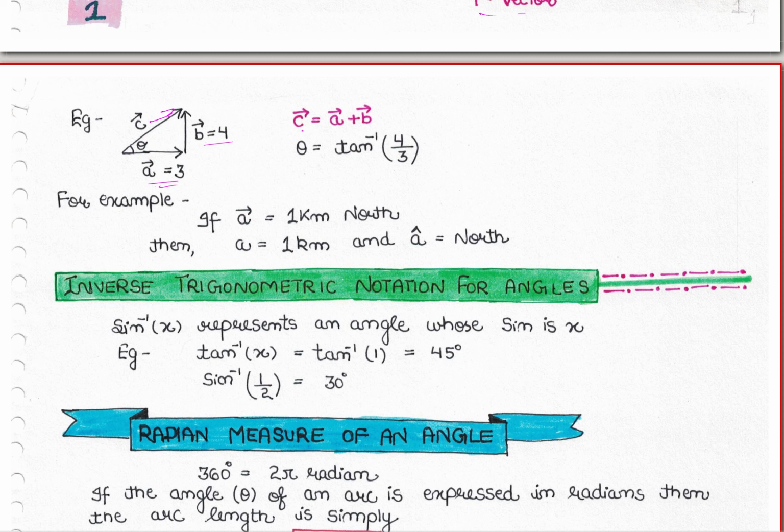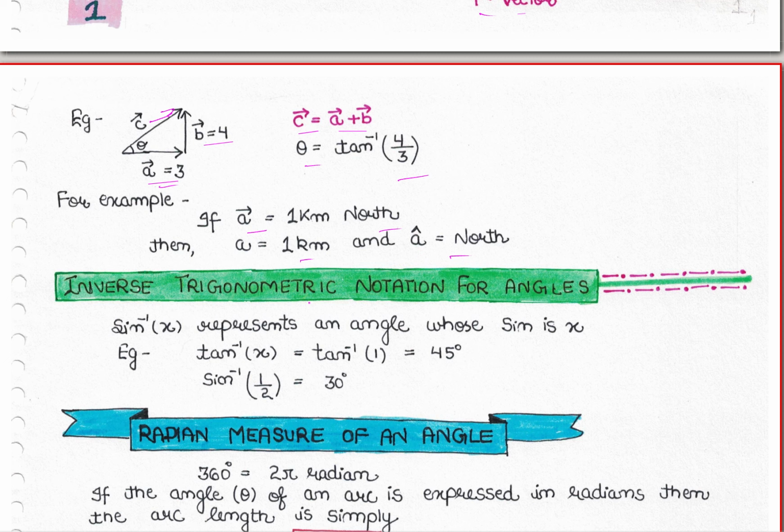So we can write C vector is equal to A plus B, where theta is tan inverse 4 by 3. For example, if A is equal to 1 kilometer north, then the magnitude A is equal to 1 km and A unit vector is a knot.